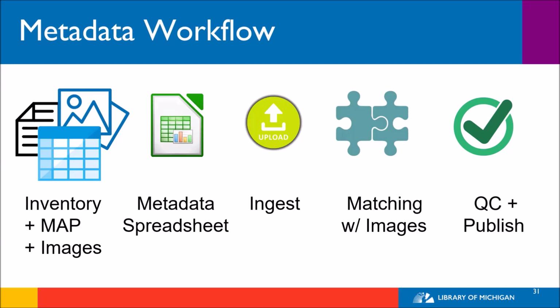I'll do a spell check because you don't want to find spelling errors later on. And then I'll save it in whatever format's required, probably a tab delimited CSV file, just what my system wants. And then I will upload that spreadsheet with the corresponding images to my system.